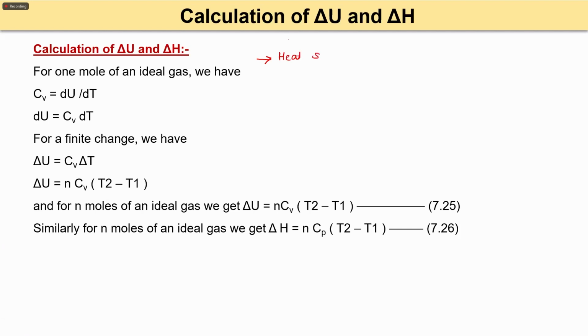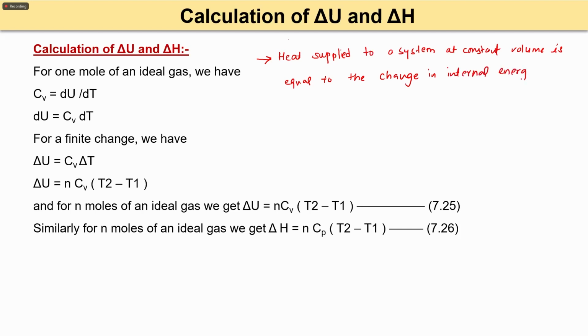Heat supplied to a system at constant volume is equal to the change in internal energy. That means heat supplied to a system at constant volume, that is Qv, is equal to the change in internal energy.